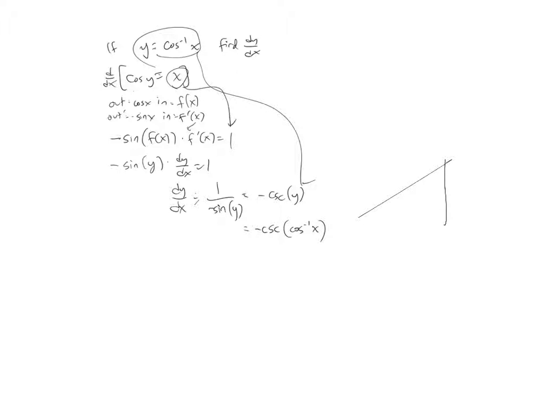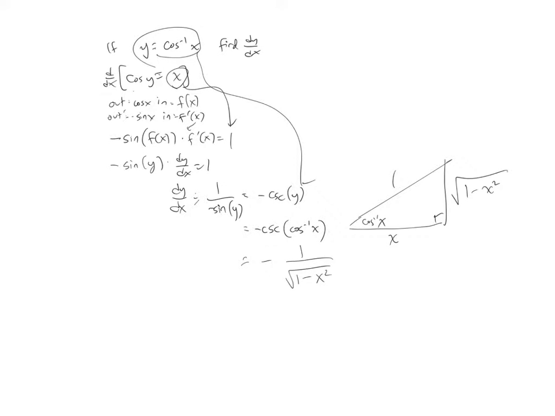The angle I'm looking at is inverse cosine, which takes in a ratio of adjacent over hypotenuse, so x over 1. Then I would find the length of the opposite side using the Pythagorean theorem. And I want the negative cosecant of this. So the cosecant is the reciprocal of sine, so instead of being opposite over hypotenuse, it's hypotenuse over opposite, and there's a negative out in front of it.